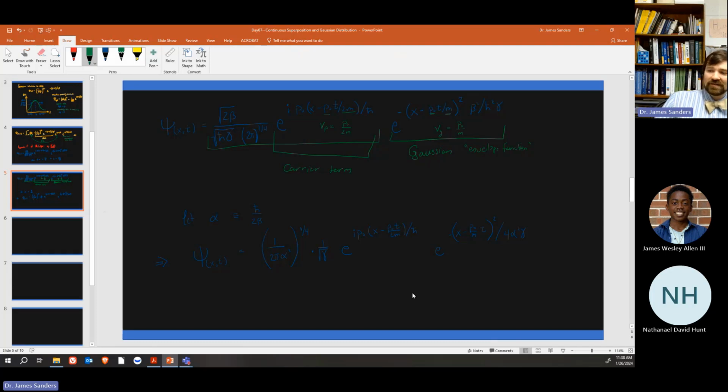Now, if we isolate the envelope itself, we can basically calculate spatial probability densities. And how do we do that? Well, remember that our probability densities, let's say of x comma t, are going to be this thing squared.